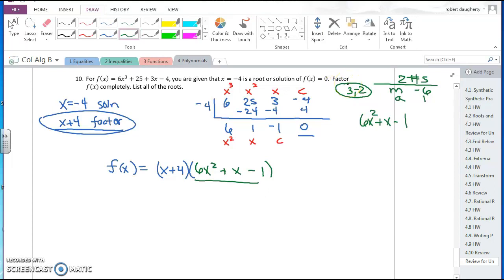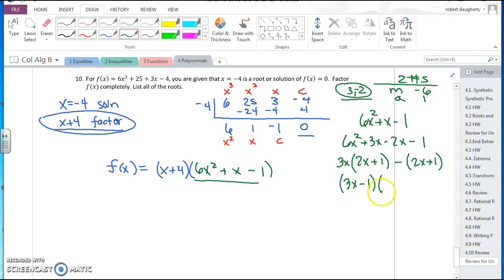So I'm going to rewrite this problem as 6x squared plus 3x minus 2x minus 1 using these two numbers. And then if I factor out a 3x from the first two terms, I get 2x plus 1 minus 2x plus 1. So this is 3x minus 1, 2x plus 1. That's the factorization.